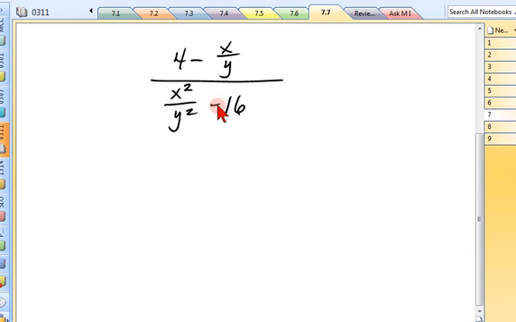There's more than just one fraction on top and one fraction on bottom. So I need to know the LCD. It is y squared. Your denominators are y and y squared, so the common denominator is y squared. So I'm going to multiply y squared times each one of those terms.